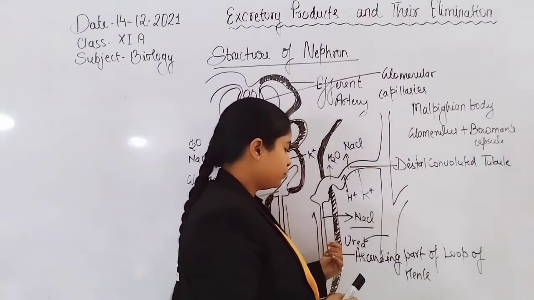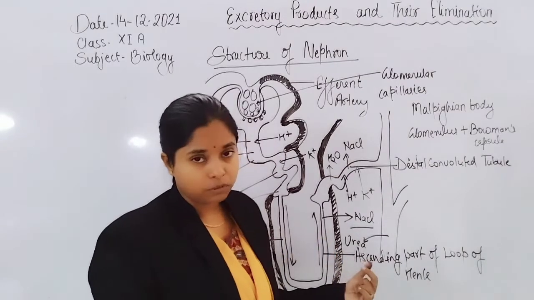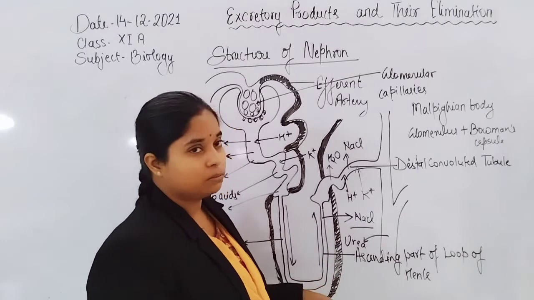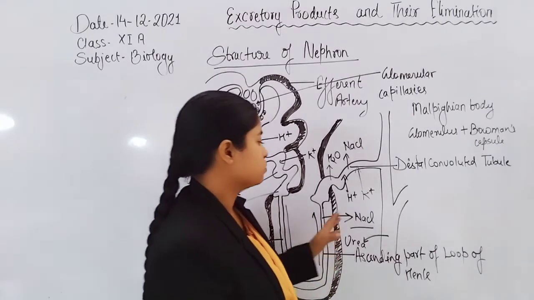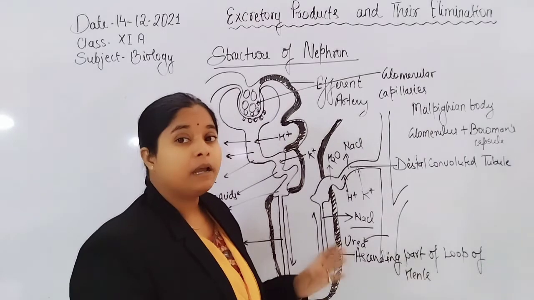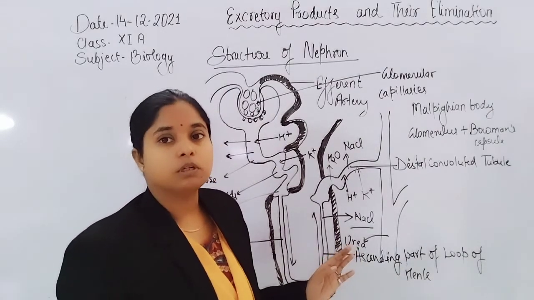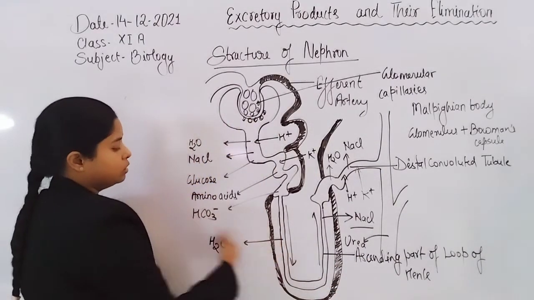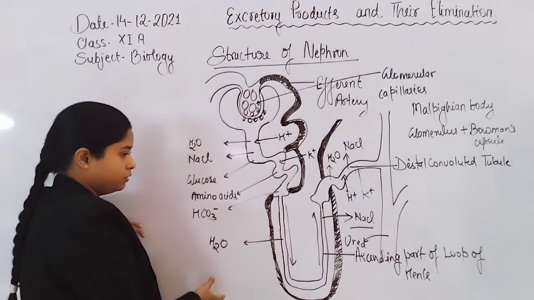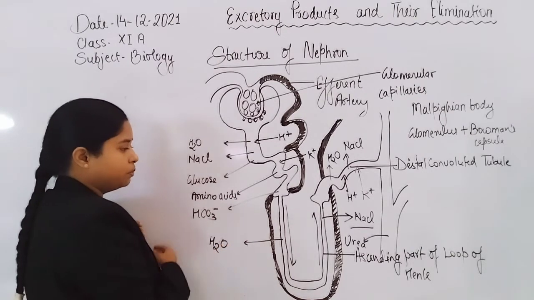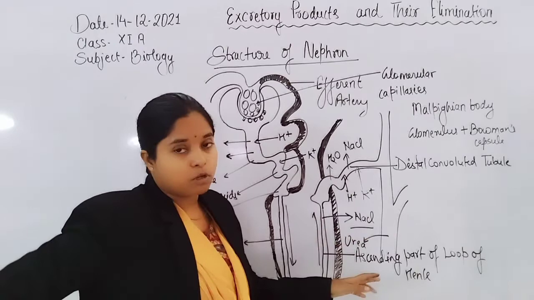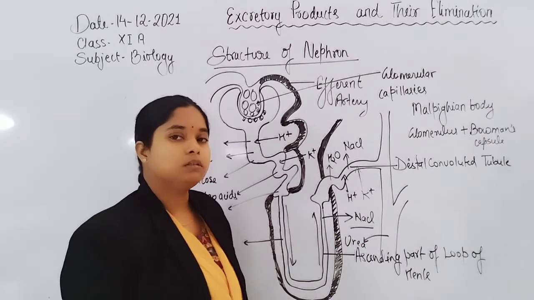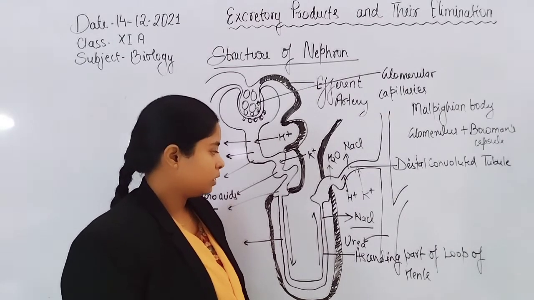The characteristic nature of the ascending part of the loop of Henle is that it is impermeable to water and permeable to sodium chloride. Here all such molecules are reabsorbed through passive transport, but the absorption of sodium chloride is done by active transport, using ATP molecules.